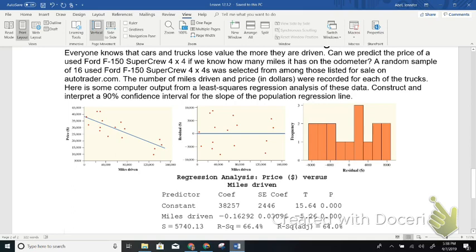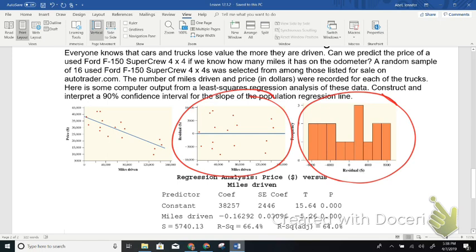We also see here our residuals, and we then also see a histogram of the residuals. And we have our computer output as well. And we'll use all of this to come up with a 90% confidence interval for the slope.